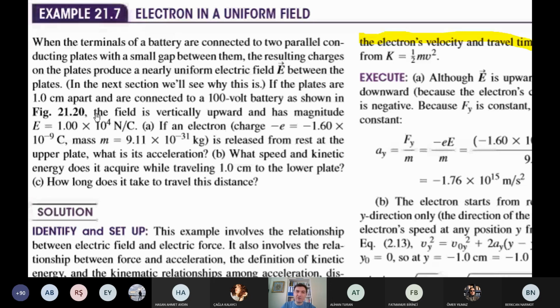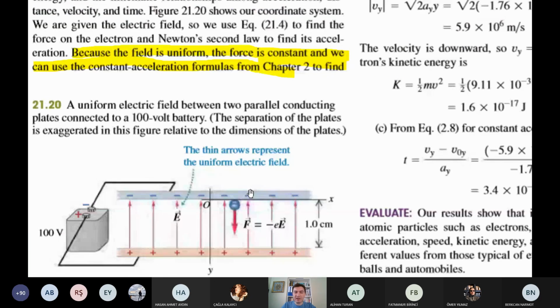When the terminals of a battery are connected to two parallel conducting plates with a small gap between them. Here we have a battery, this one, a 100-volt battery. This is the positive pole, this is the negative pole, and here we have two parallel plates. The top one is the negatively charged plate, which gets contact from the negative side of the battery, and here we have the positive plate.